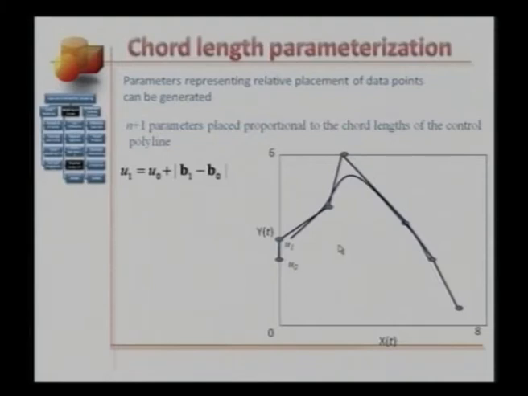I can express u1 as u0 plus the absolute value, or the chord length, between these two data points, absolute value of B1 minus B0. Remember, these data points are vectors, specifically position vectors. How about computing u2?